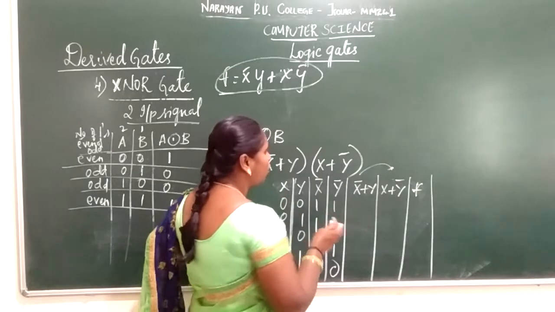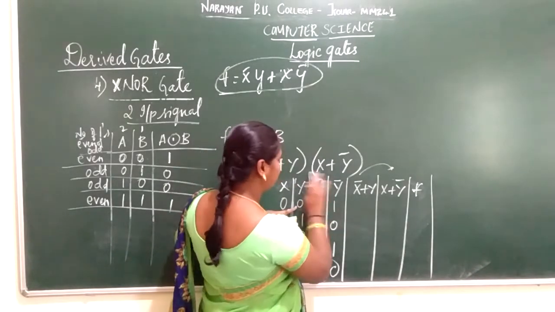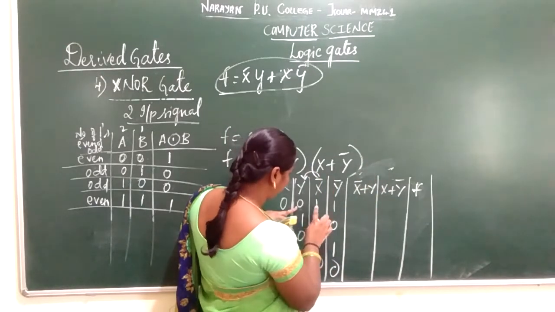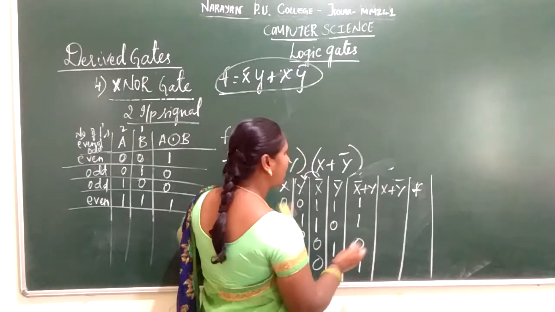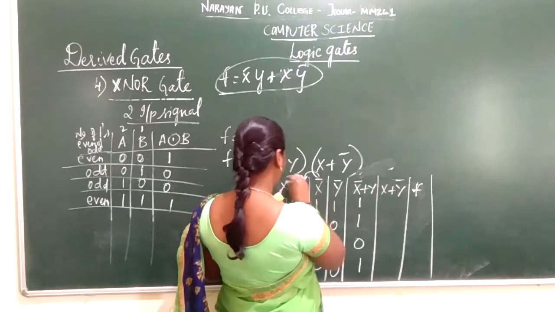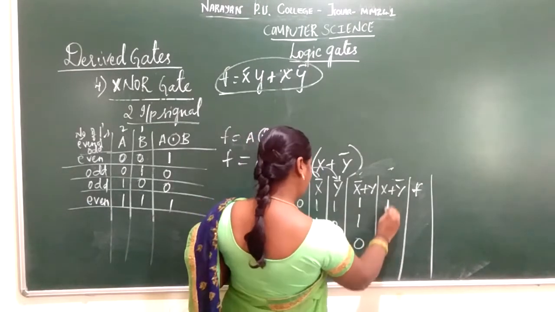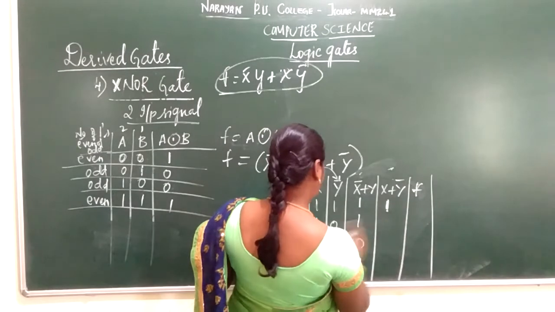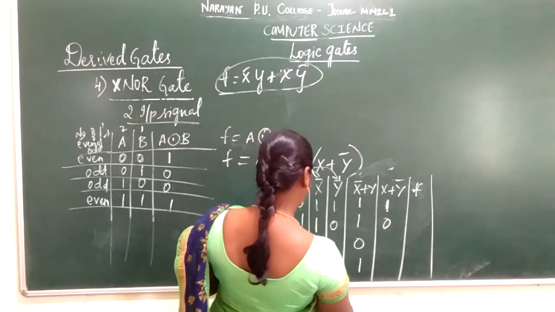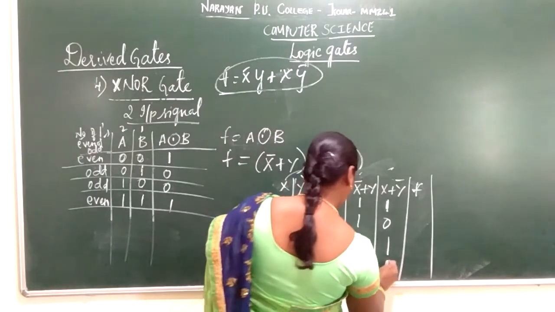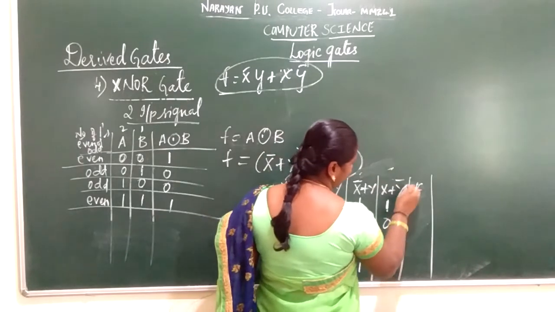After that you do a logical OR operation between x bar and y, giving 1 1 0 1, and between x and y bar you perform a logical AND operation. So this is between x bar plus y and x plus y bar.